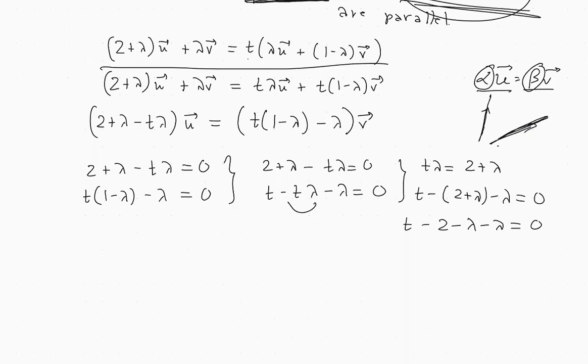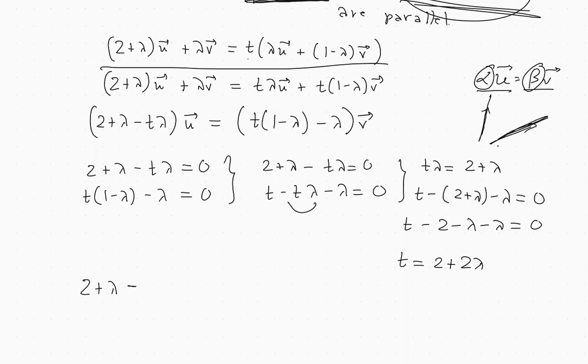Okay, once we know this, then we can plug it into the first equation, for example, and that will give us an equation for lambda. So we will have 2 + lambda - (2 + 2 lambda) times lambda is equal to 0.